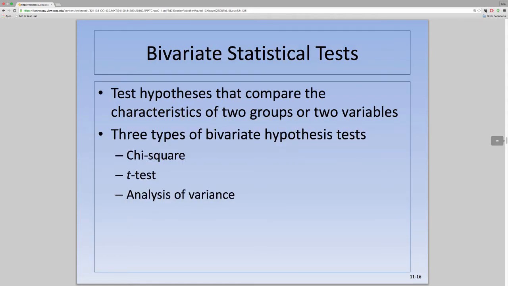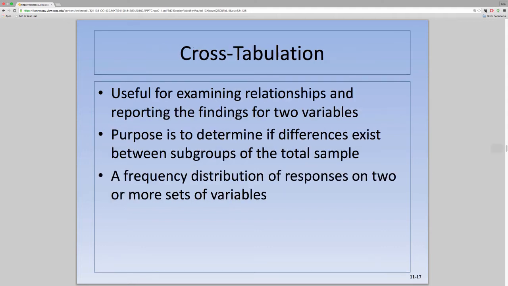Now, when we look at bivariate statistics, we're testing hypotheses that compare the characteristics of two groups or two variables. So this can be a lot of fun. There are 3 types of bivariate hypothesis tests that we do: chi-square, t-test, and ANOVA, or analysis of variance. Now let's start with cross-tabulation, because this is kind of where everything gets together.